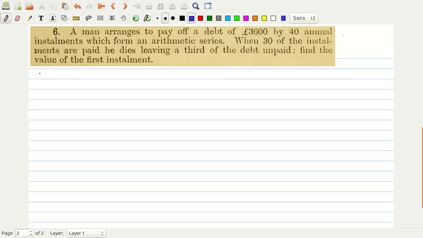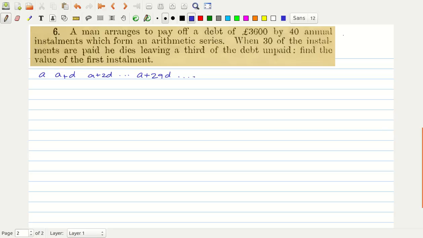So let us say that the installments were a plus d, a plus 2d, and so on. Similarly, the 30th installment would be a plus 29d, and he planned to pay it by 40 installments.